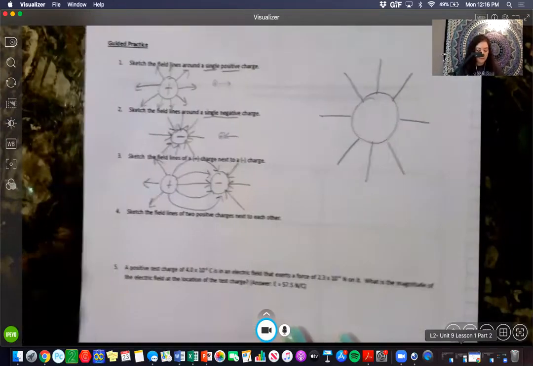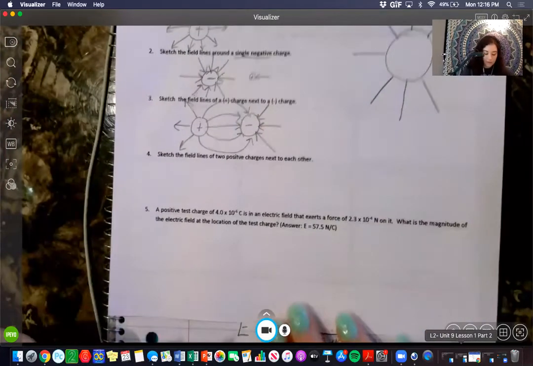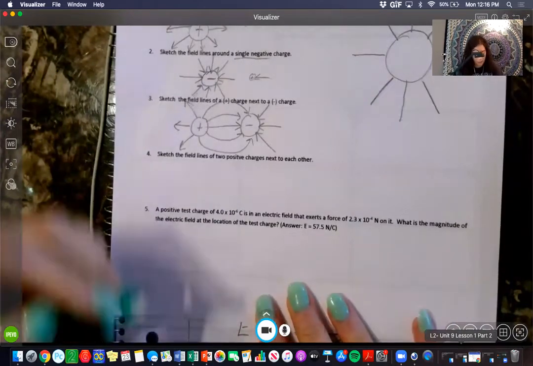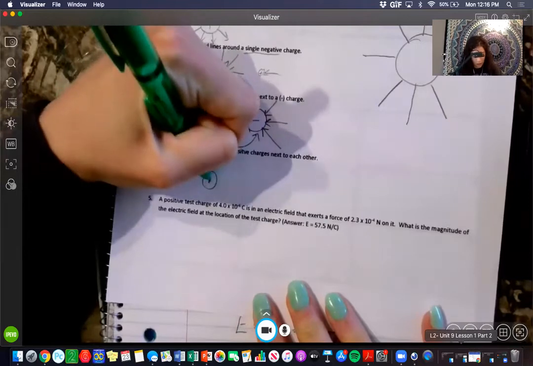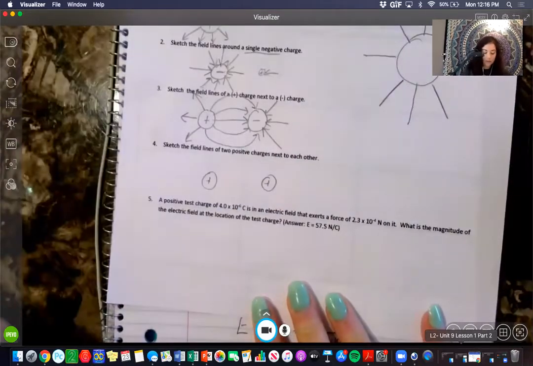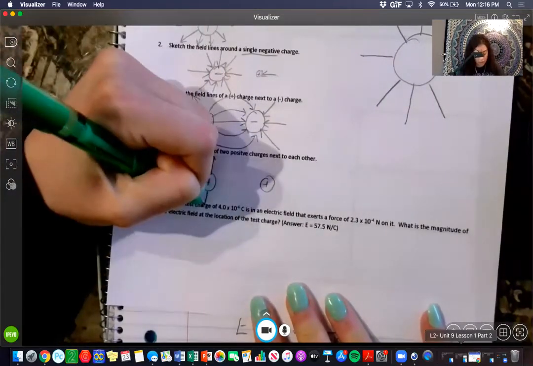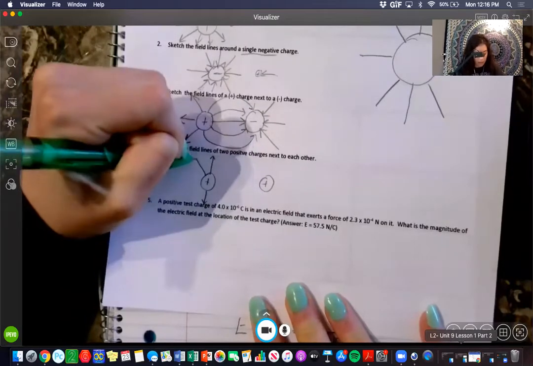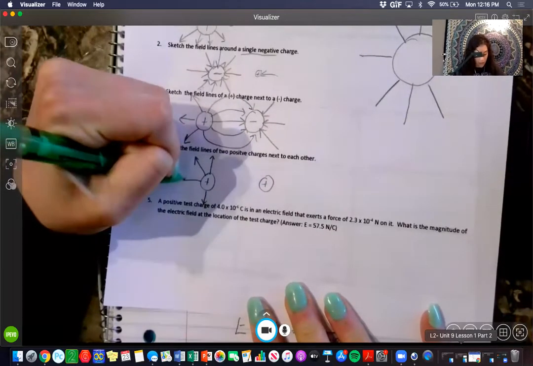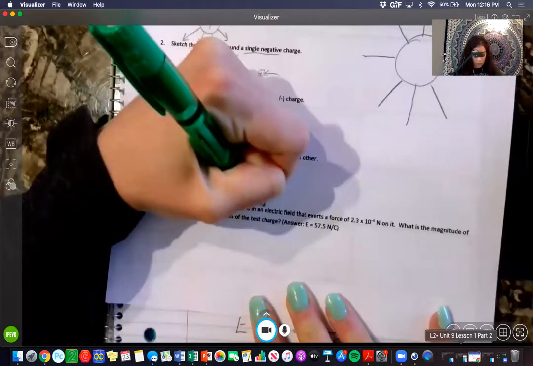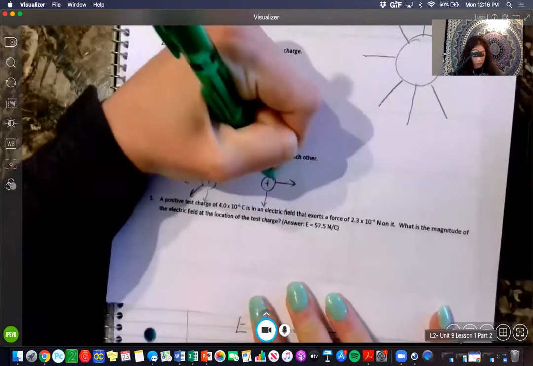All right. Now we're going to sketch the field lines of 2 positive charges that are next to each other. So positive, positive. I know field lines point away from positive charges. So I'm going to start with the easy part, which is the outside, because I know on the outside for each of these charges, they're too far away from each other to be impacted by that other charge.